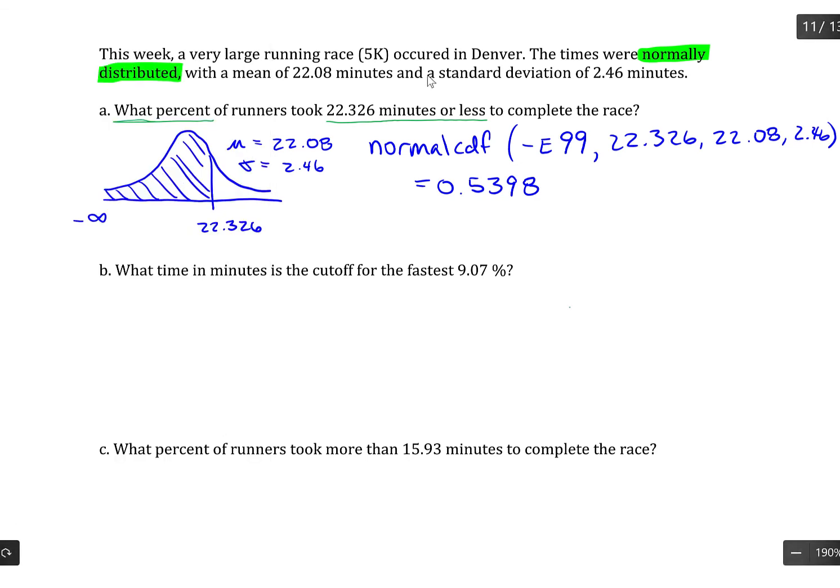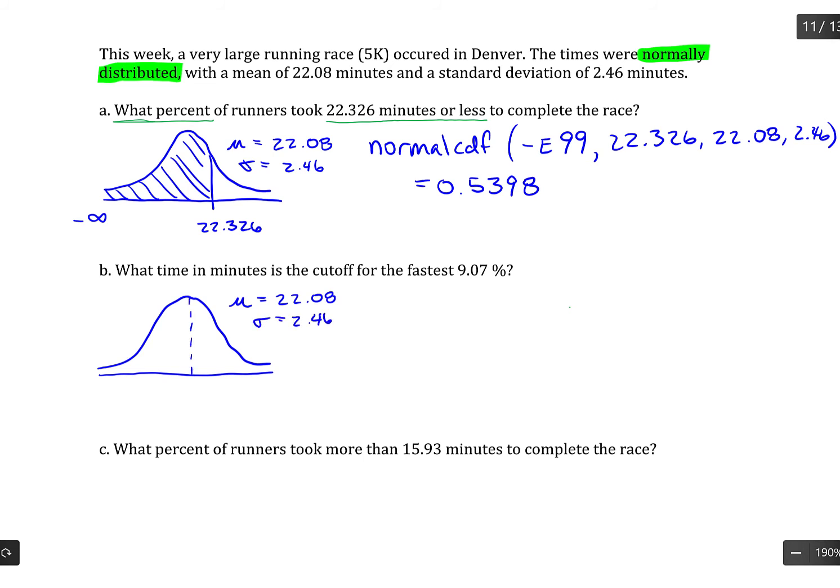Inverse norm. But to show you how that's done, I still always recommend drawing a distribution to get yourself organized and get the information in the right place. So the mean of this data is 22.08, where the standard deviation is 2.46.